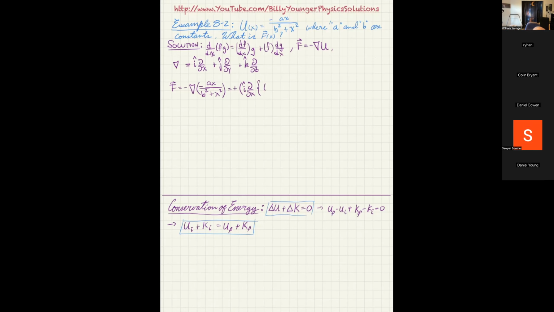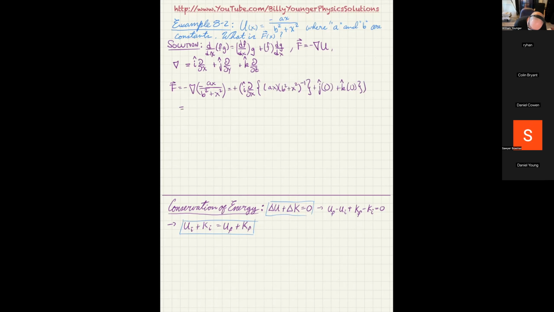So I'm going to say a times x, and then b squared plus x squared to the negative 1 power is another factor. And then I'll say plus j hat times 0 plus k hat times 0 for the reasons I just mentioned to you. So hopefully that makes a little sense.